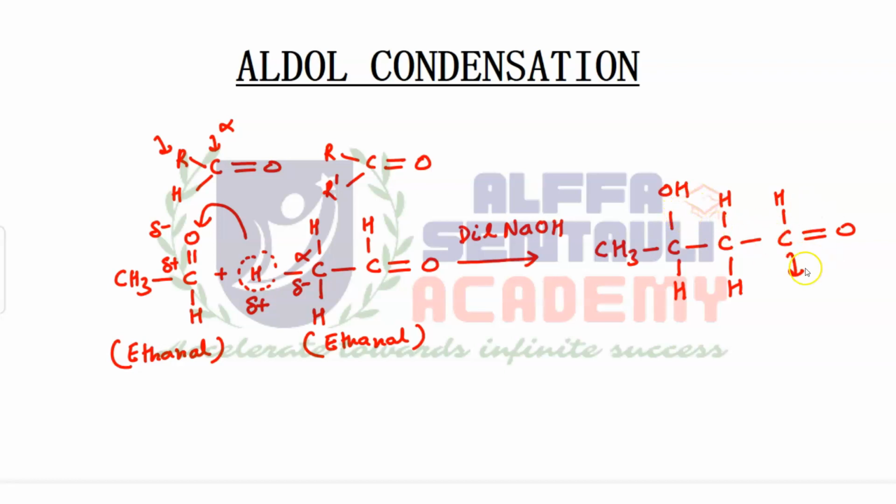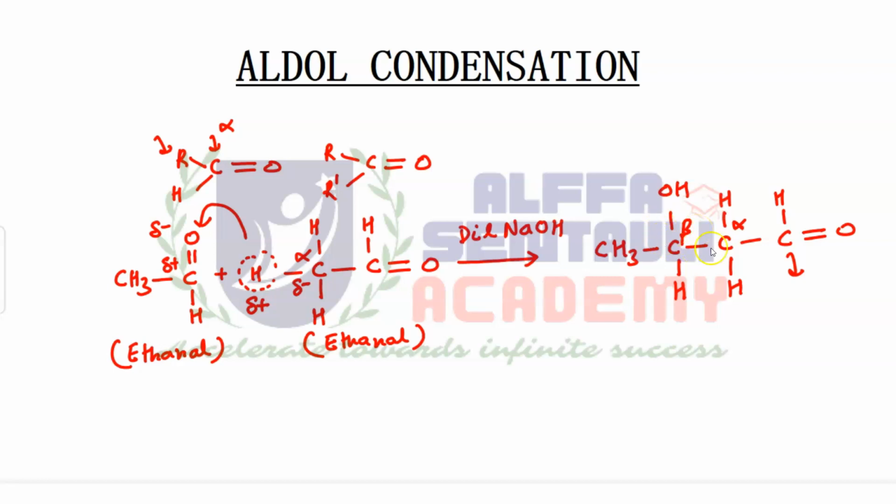So we will consider this CHO as the main functional group. If this is the main functional group, then the carbon just adjacent to it will be treated as the alpha carbon, correct? So if this is the alpha carbon, then this should be the beta carbon.